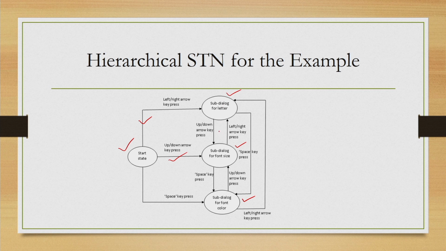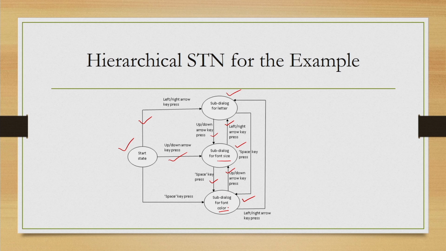From the sub-dialog for letter, if we press the up or down arrow key, then we can come to the sub-dialog for font size, and at this state of the system, if we press the left or right arrow key, then we can go to the letter sub-dialog again. Similarly, if we press the space key when we are in the sub-dialog for font size, then we can come to the sub-dialog for font color, and by pressing the up or down arrow key, we can go to the sub-dialog for font size again.